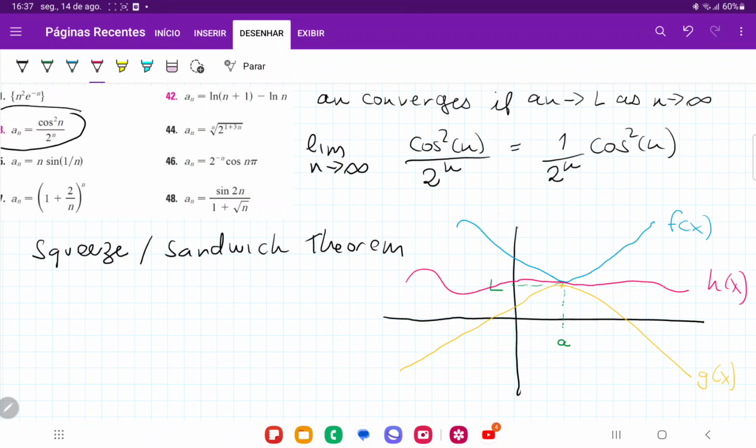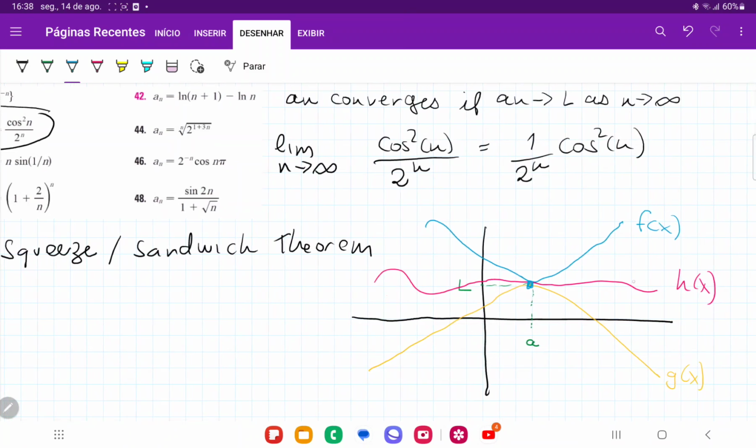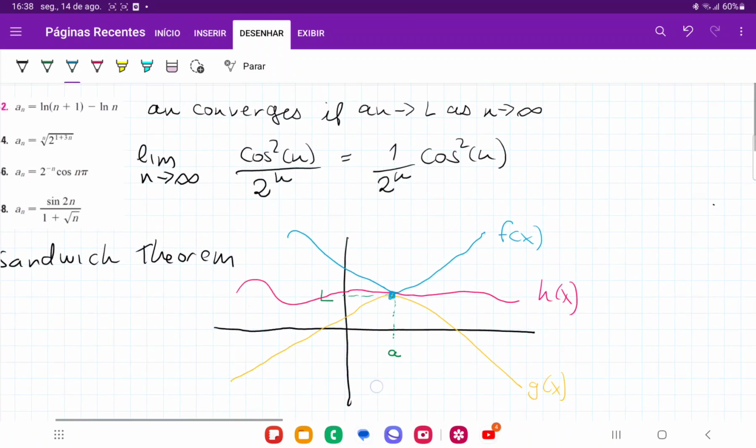If h of x is less than the blue one and greater than the yellow one, and if the lower and the upper function meet at this point here at a and L, then the limit of h of x as x approaches a must also be equal to L, right? So this basically says, if a function is sandwiched between two other functions, and the two outer functions have a limit as x approaches a specific value, then it will also be the limit of the middle one.